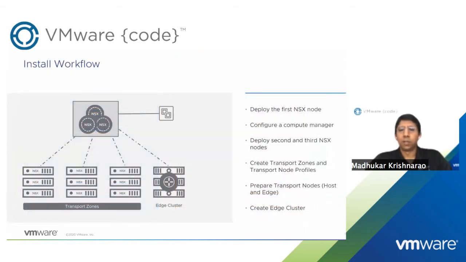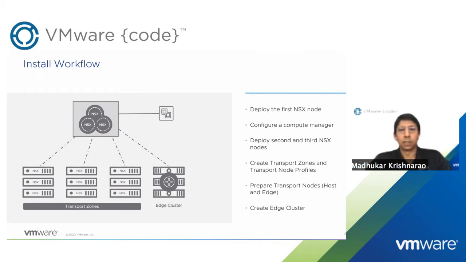I was talking about install and config using Ansible modules. Of course, the Ansible modules do support all of it. If you're looking at install, I'll just quickly glance over this. You can deploy an NSX node. You can configure that with vCenter. You can create an NSX cluster. You can prep your ESX hypervisors or KVM hypervisors with NSX and make them what we call transport nodes.